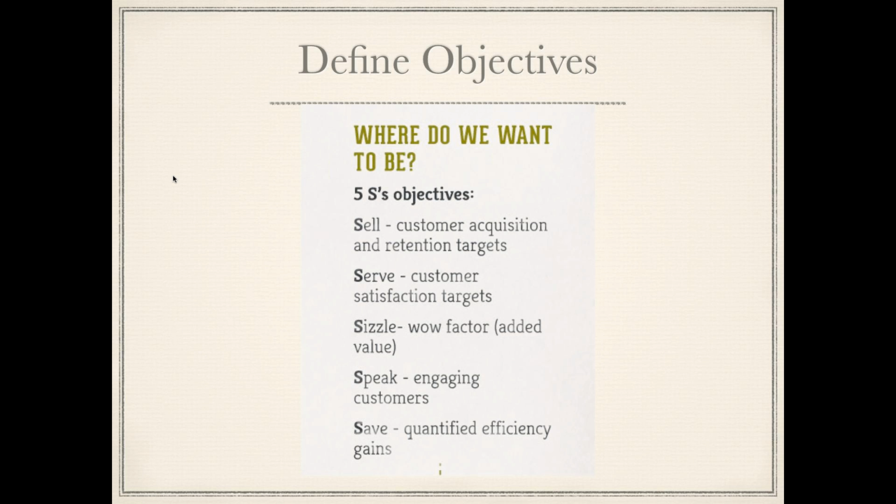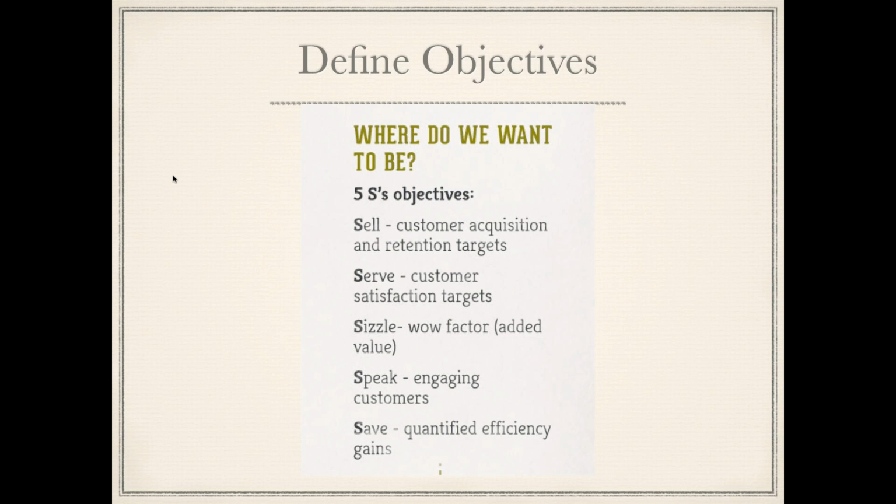Here's the 5 S's I was trying to remember. It's sell, customer acquisition and retention target; serve, customer satisfaction target; sizzle, the wow factor; speak, engaging customers; save, quantified efficiency gains. These are the S's and objectives that you're doing.